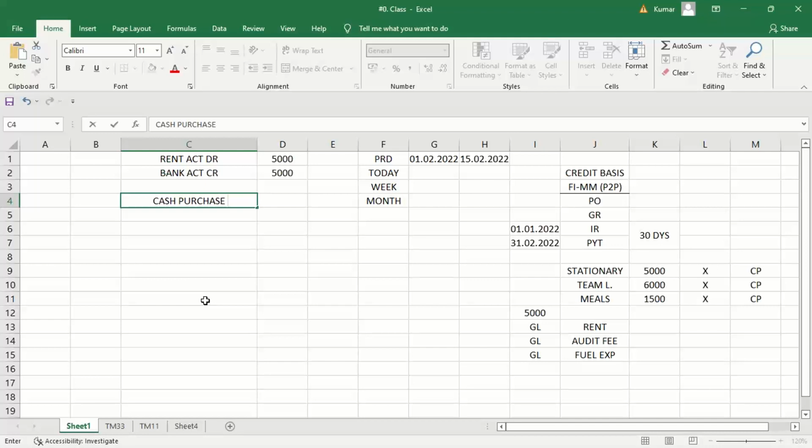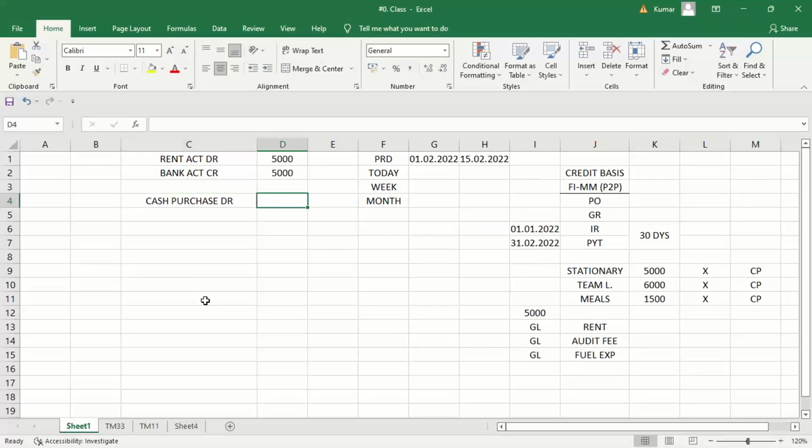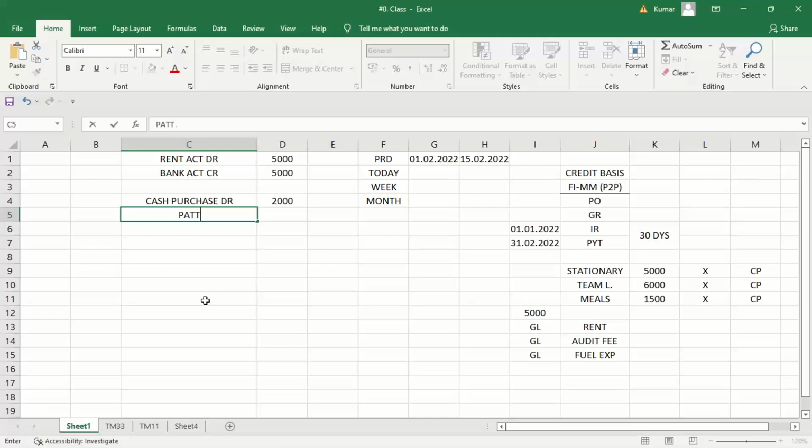This GL account is going to be debited with a particular amount, and then the cash account is going to be credited. This cash, in accounting language, is called petty cash. Petty means what, guys? Petty cash means small cash related transactions.